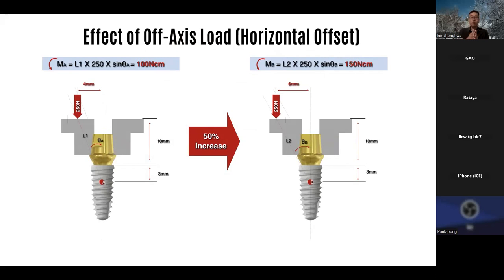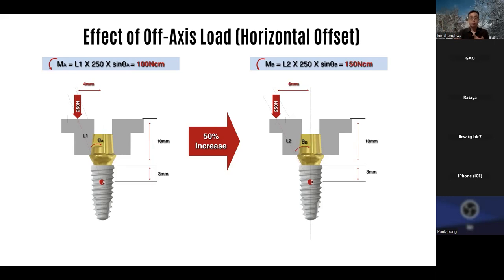As long as they're in line with the long axis of implant, they withstand those chewing forces pretty well. But when you move away from the application point of forces from the center, those off-axis forces increase the amount of lateral force applied to the implant.